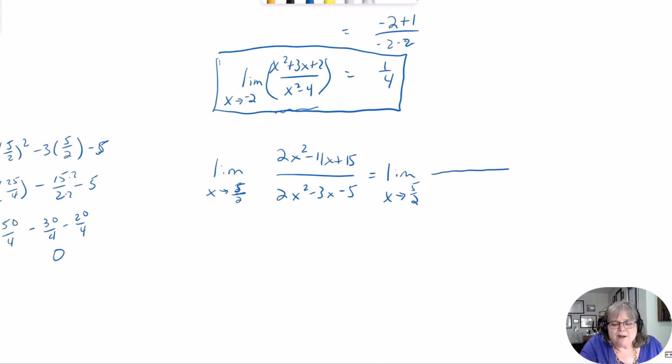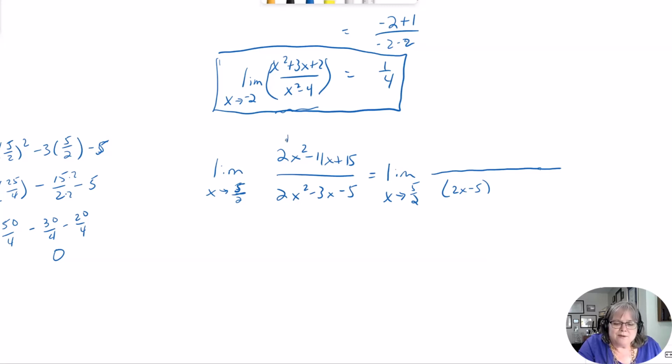Now, if you remember how to factor, if your answer is 5/2, that probably tells you that one of these factors down here is 2x minus 5, because when you solve it, you get 5/2, right? But if you don't remember that handy little hint, you're going to have to remember how to factor a trinomial where the lead coefficient is not 1 on both the top and the bottom.